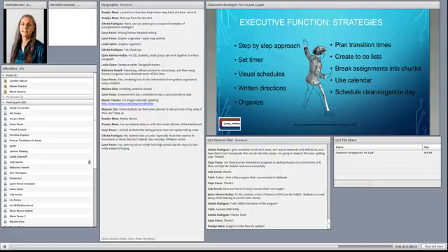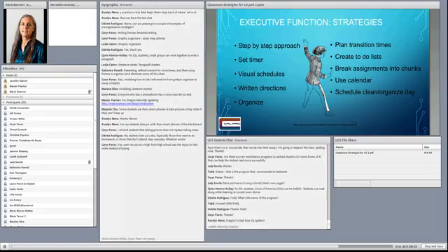Planning transition times. And this is something that I think as a teacher, you really need to figure out: am I having trouble with the transition times, and then how do I plan around them? For me, I have certain times during the day. So my class starts at 8:30.